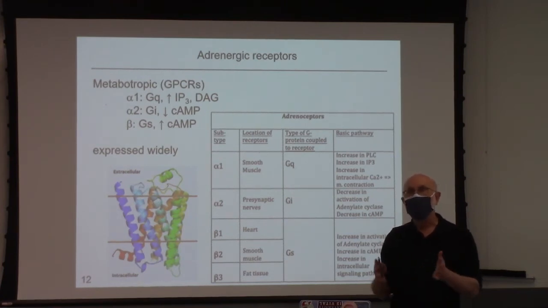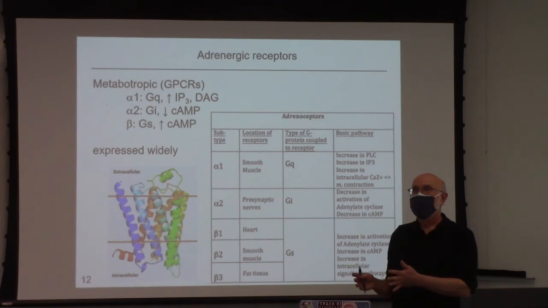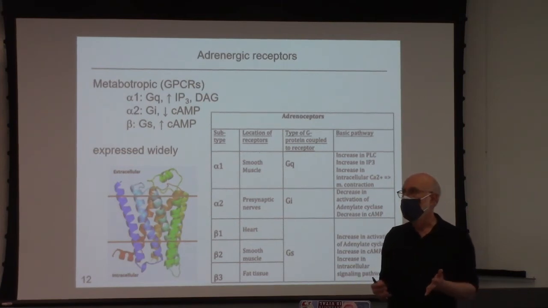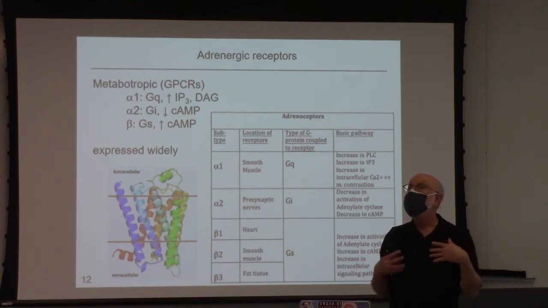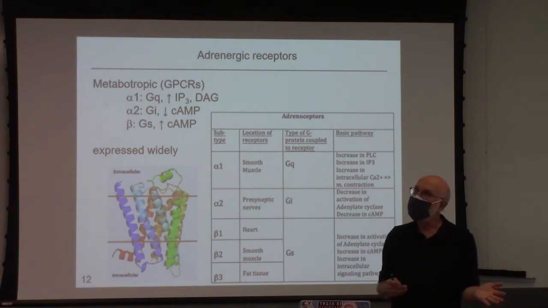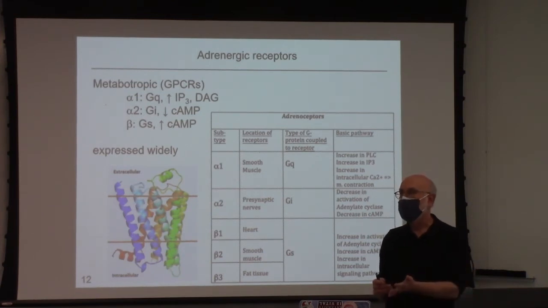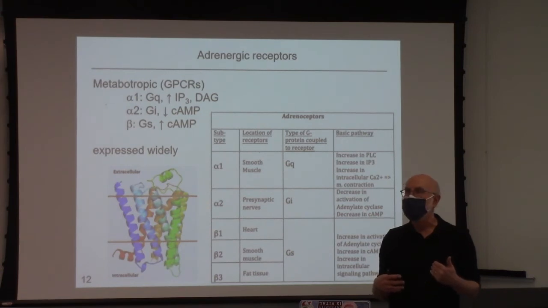So epinephrine and norepinephrine are the adrenergic neurotransmitters. The jargon here is weird because in England, adrenaline and noradrenaline, for some reason in the United States of America, we call those two neurotransmitters, we don't call adrenaline a neurotransmitter.